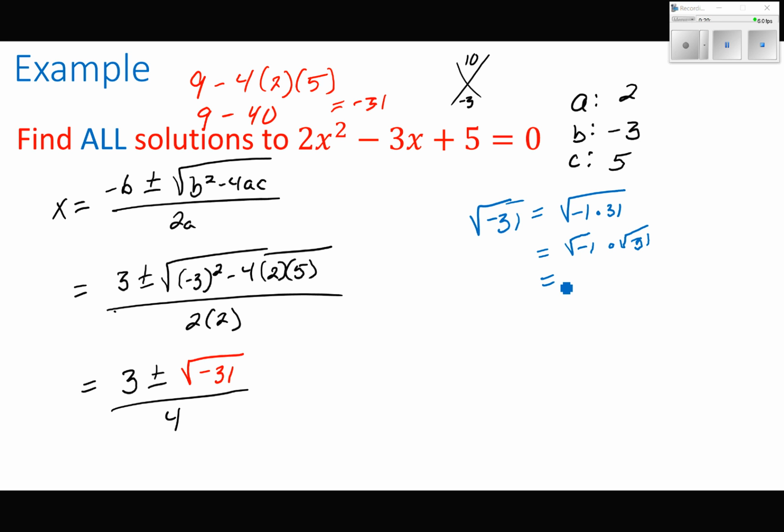What is the square root of negative 1? i. So this is i root 31. Now I have 3 plus or minus i root 31, all divided by 4.